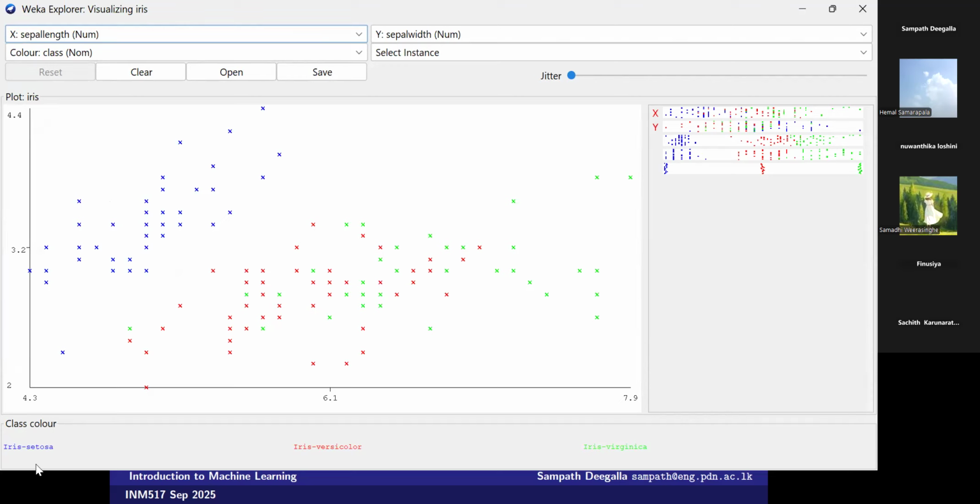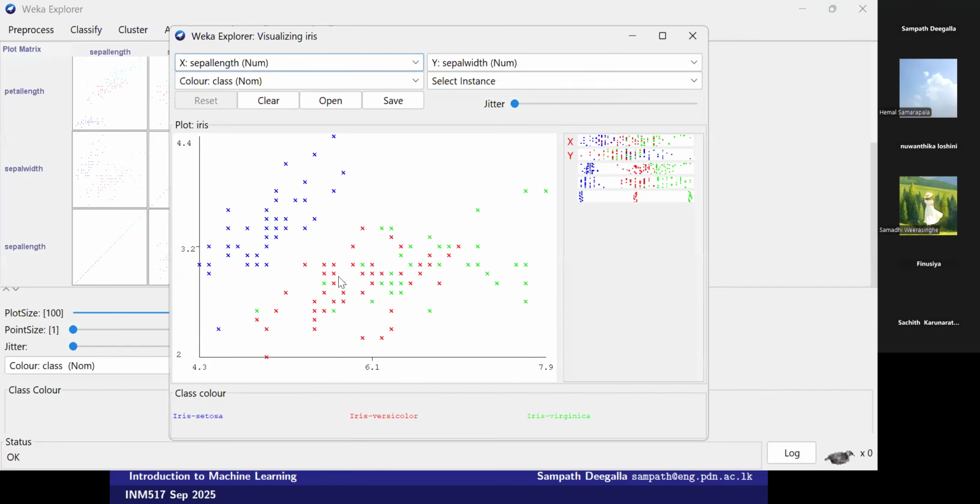The blue dots are setosa, and the setosa can clearly be separated from the other two classes. So that's what we have observed. The setosa flower is easily separable from the other two, that is versicolor and virginica. You can see these two are overlapping, but setosa is clearly separable.